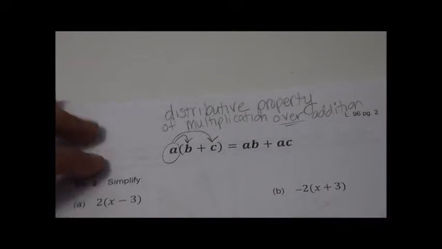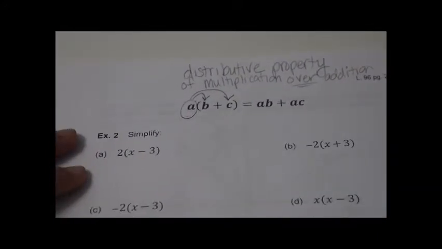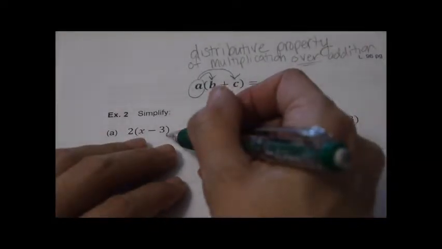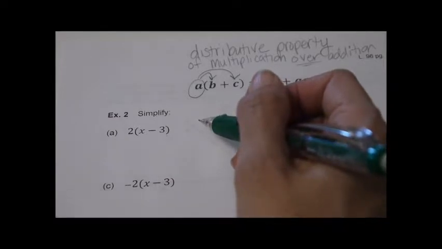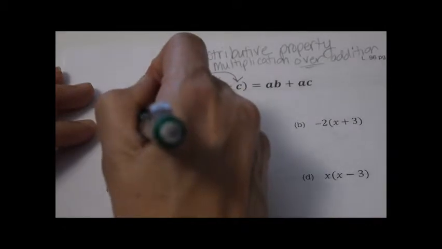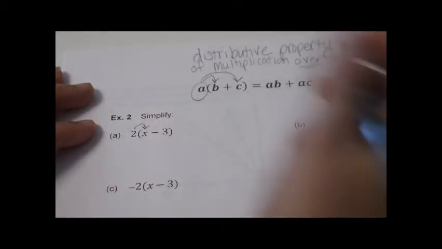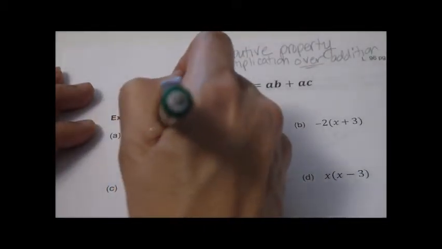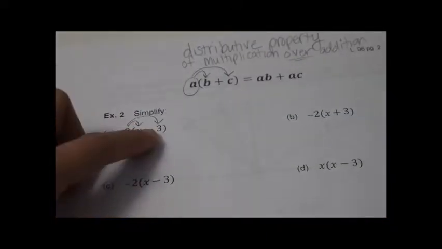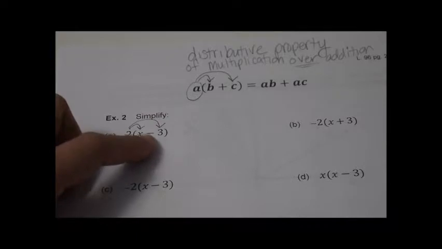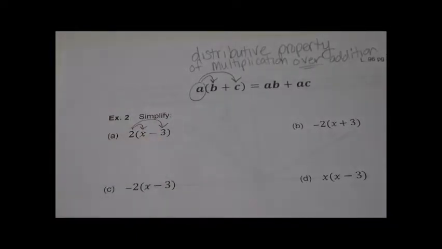What does that mean in real numbers? Well, these aren't real numbers, these are variables. But now we're going to unpack this and expand it. We call that expanding using the distributive property. So I'm going to take my 2, multiply it by the x, and then multiply it by -3, because that is not a +3, it's a -3, because it gets the sign of what's in front.